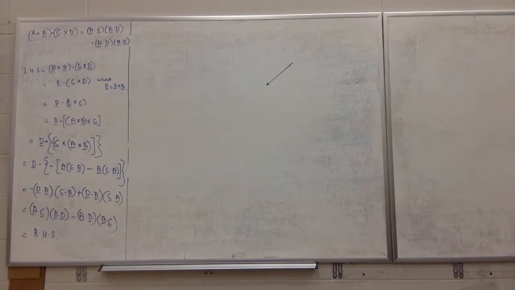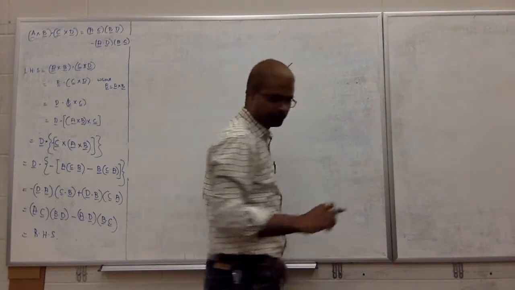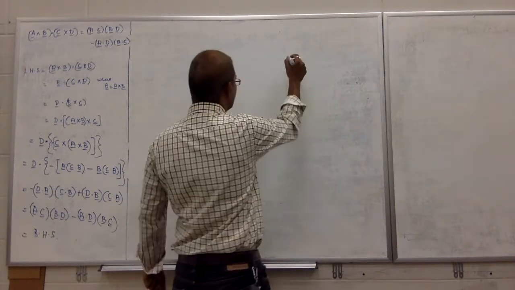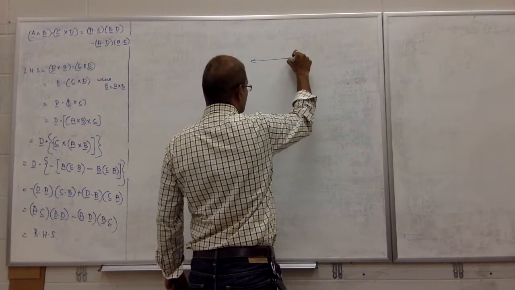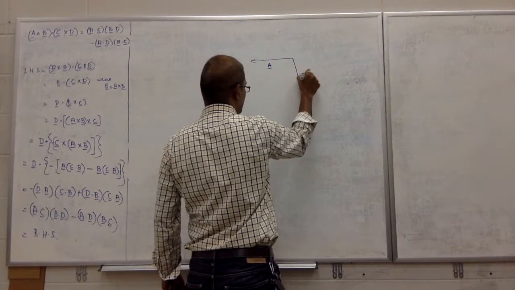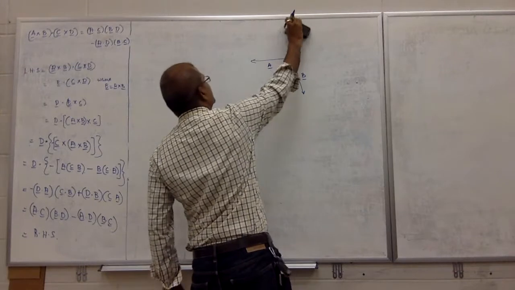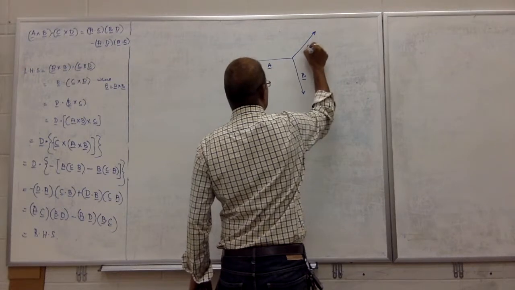So A, B, and C. A is towards you, down. This is A, this is B, and this is C, your projection.